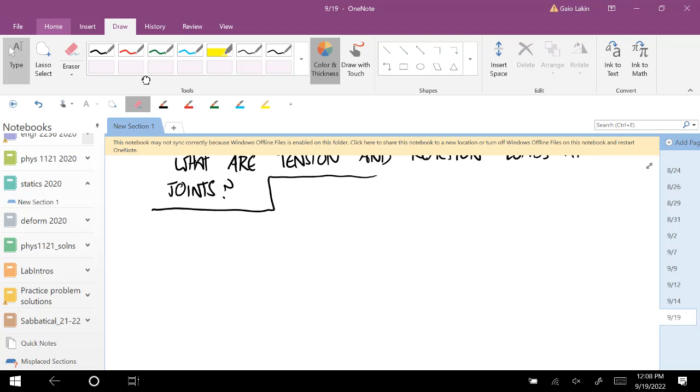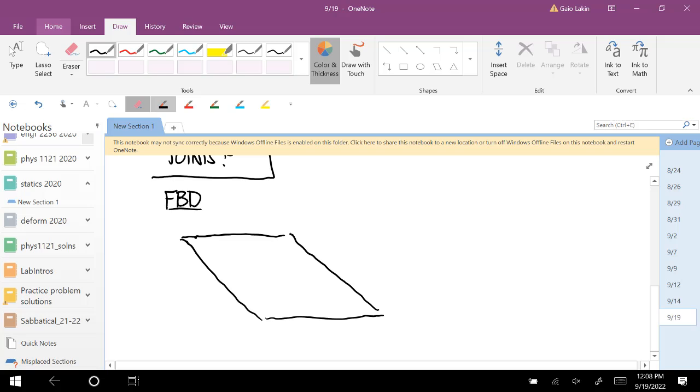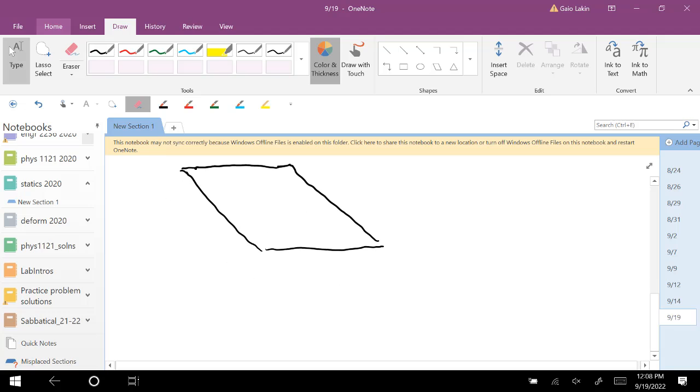And let's start with a free body diagram. So we have a weight force acting down at the midpoint.